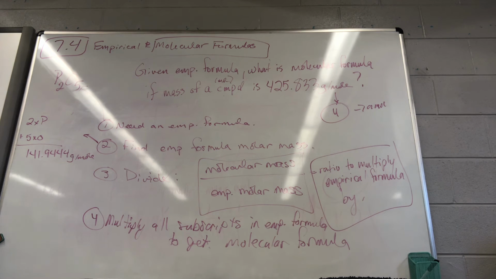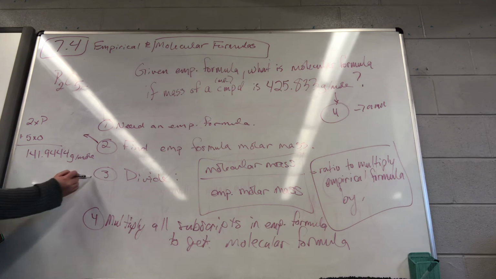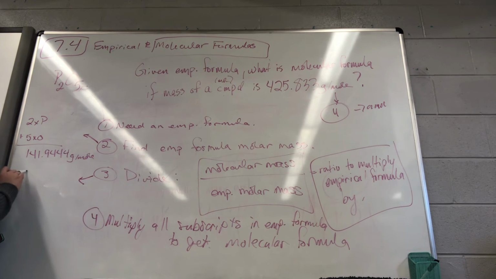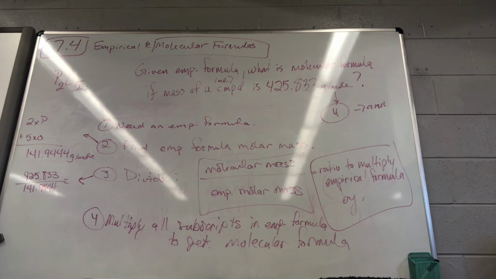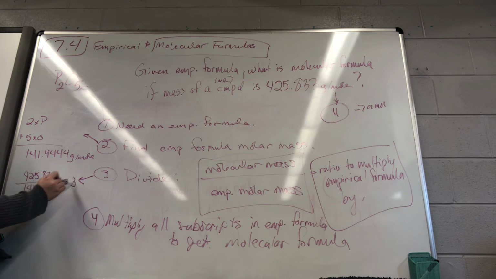Step 3 is to divide. So we're going to take our given molecular mass, so the 425.833, divide by the 141.94444, all the 4s. When you divide those two, what do you got? 2.99999, which is basically 3.